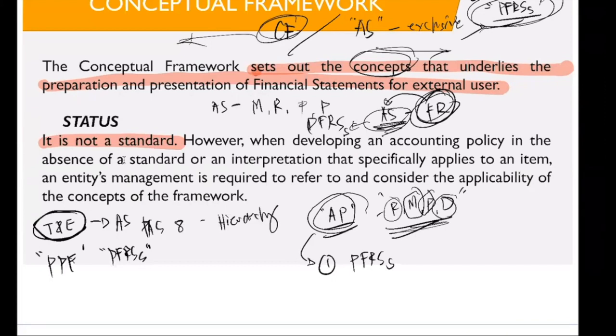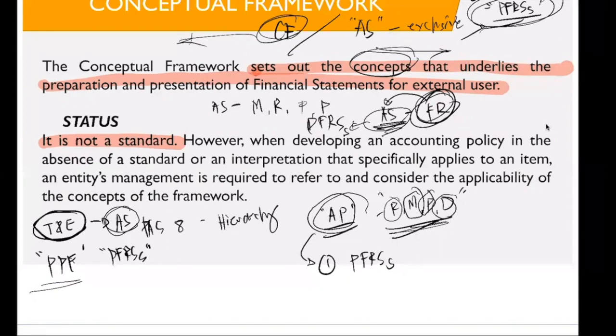So if this transaction or event, for its recognition, measurement, presentation, and disclosure, we need to take a look for an accounting standard that applies to it. So our example, our transaction or event applies to a property, plant, and equipment. We purchase a property, plant, and equipment.